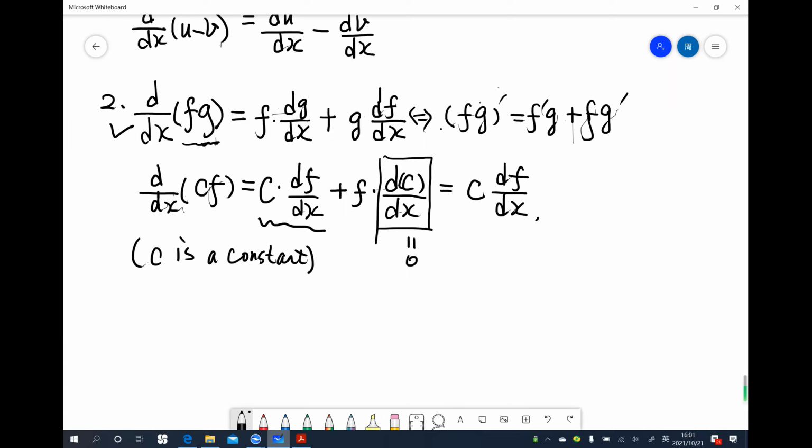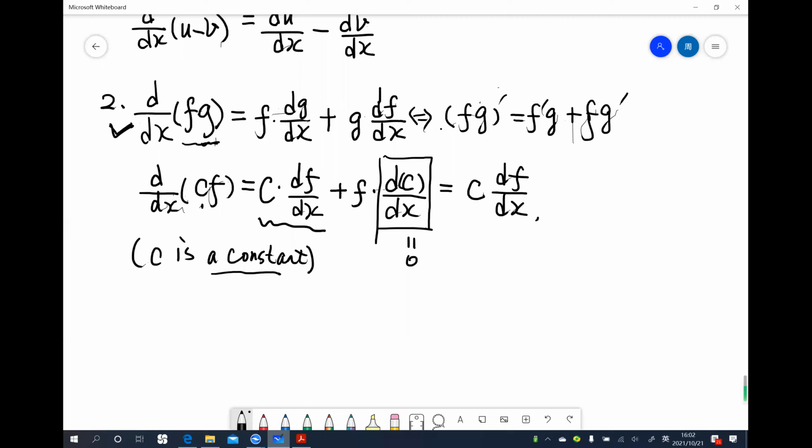Can you repeat this one, Laoshi? Okay, here, if g is a constant function, so g is a constant, C is a constant. I want to know d(C times f)/dx, and we use the product rule.